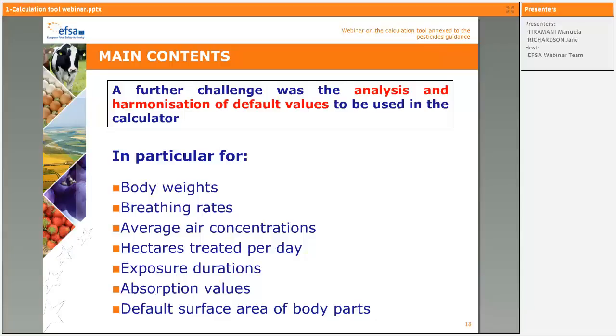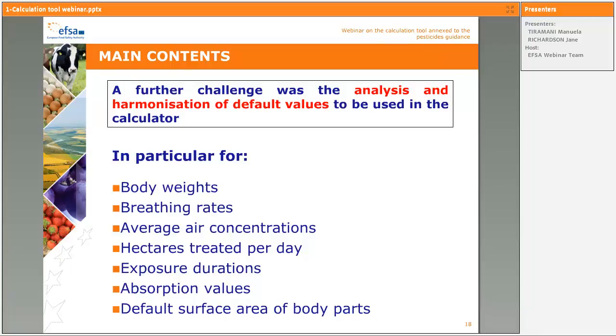Another important aspect that I would like to highlight to you is the analysis and the harmonization of default values that was done during the preparation of the guidance to be used in the calculator. For those of you that have attended, for instance, some expert meetings for certain pesticides, one of the points of a bit of debate is normally related to the use of specific default values and whether these default values are really representative or not of real situations.